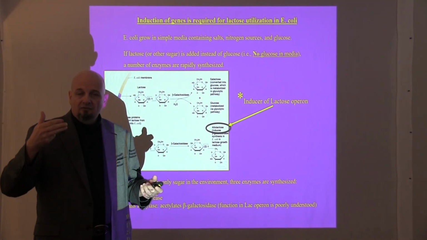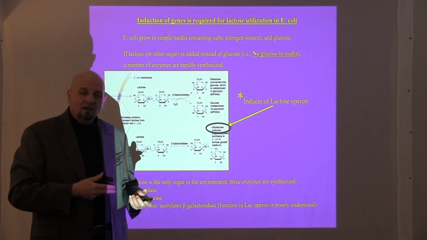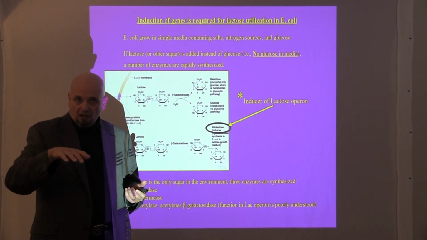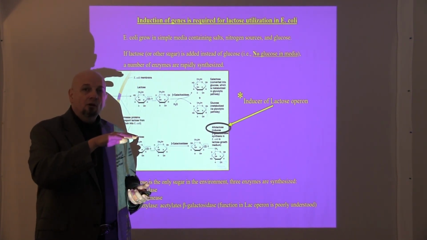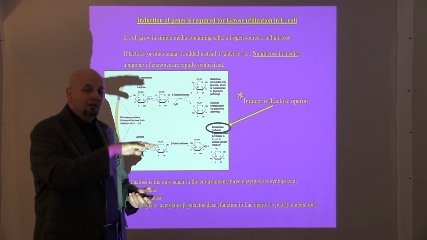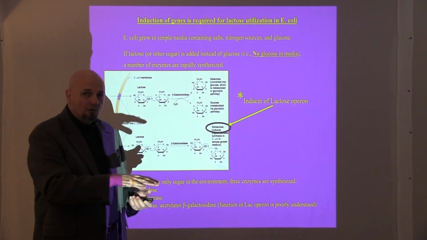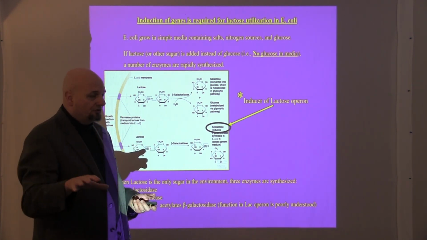But it has to have the enzymes necessary to break up that disaccharide. Okay? So that's the concept we're working at. We have moved out of the glucose environment and into a lactose environment. Okay, so that's where we're sitting right now.